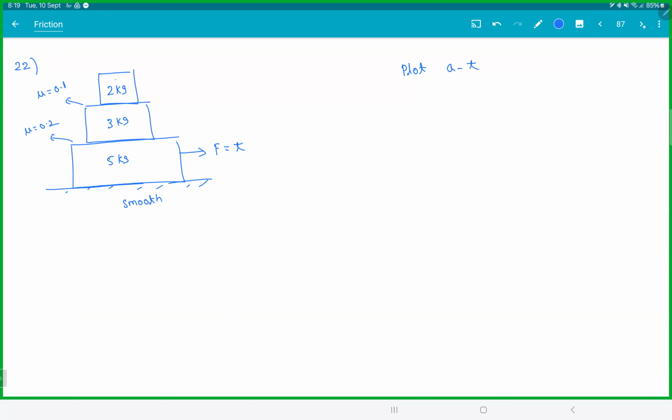In 3 blocks now, the most messed up is when you keep F is equal to T in the middle block. But first, let's do this. That I'll give you next. Try it for a minute or two.